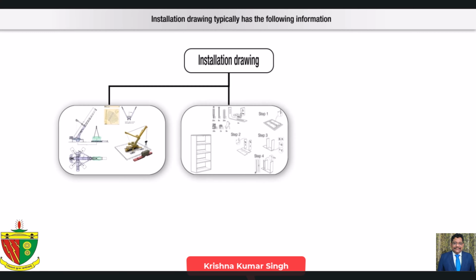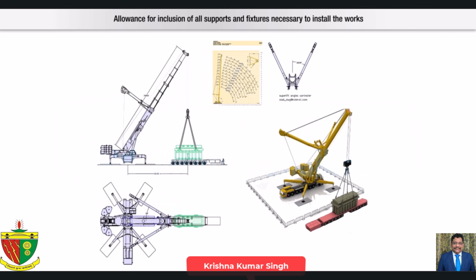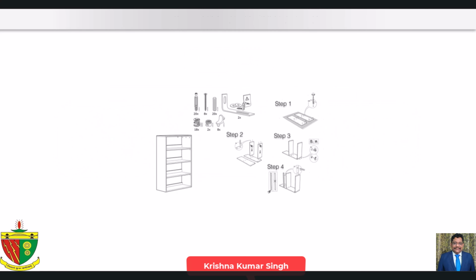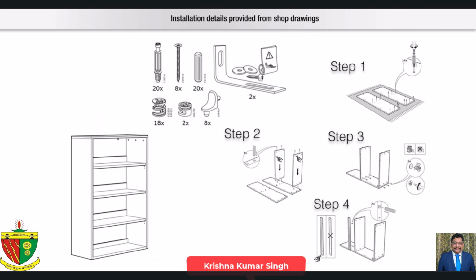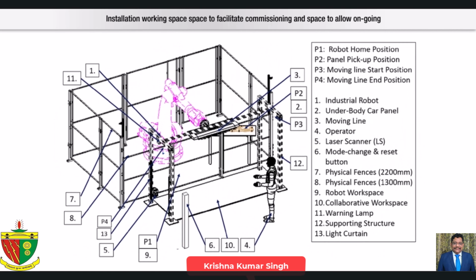Installation drawing typically has the following information: allowance for inclusion of all supports and fixtures necessary to install the works. Installation details provided from shop drawings. Installation working space to facilitate commissioning and space to allow ongoing operation and maintenance in accordance with their relevant health and safety requirements.